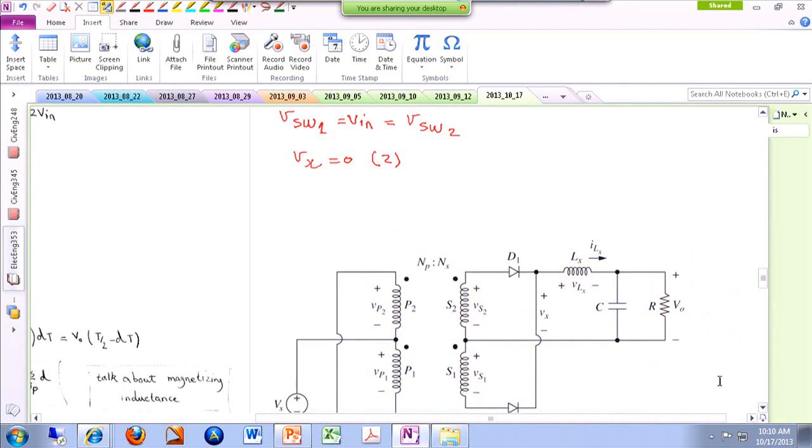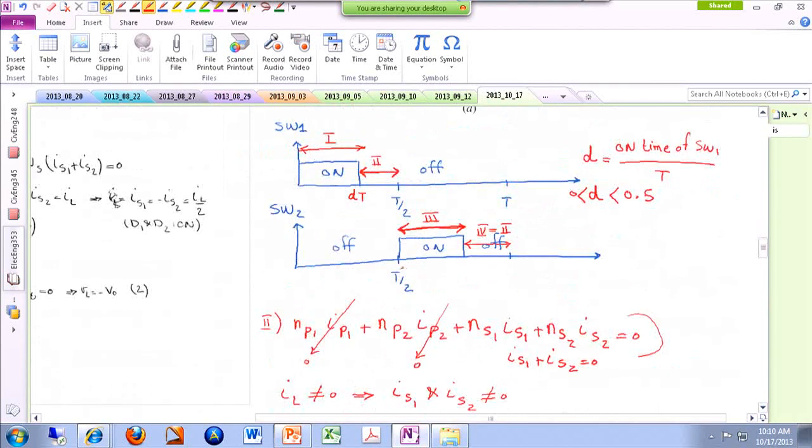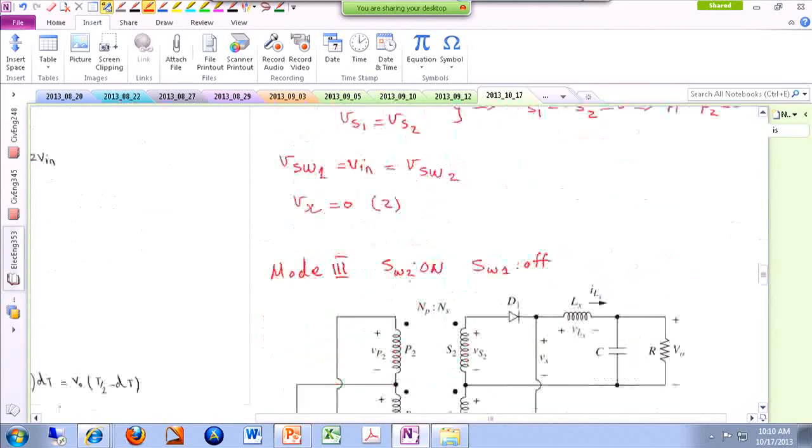So we are analyzing mode 3. S2 is 1, and the first switch is off. So technically we are focusing on this region over here.